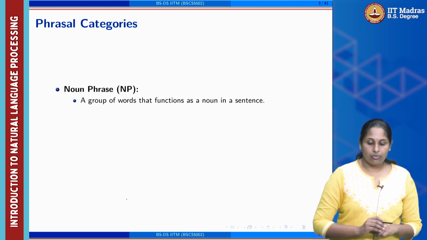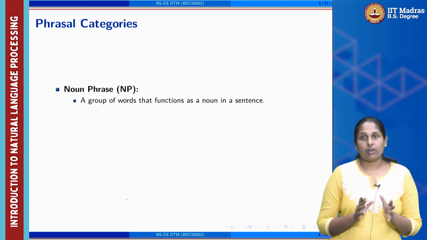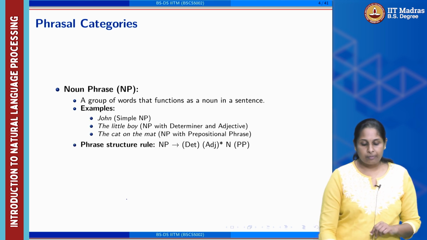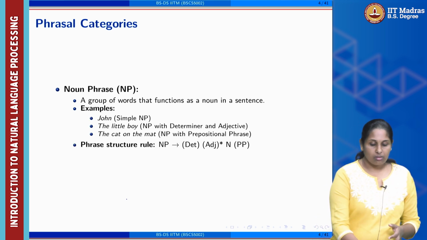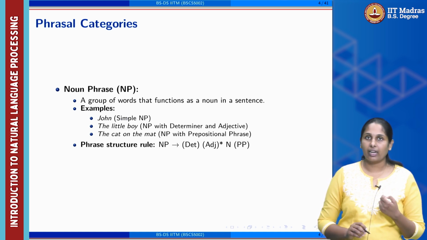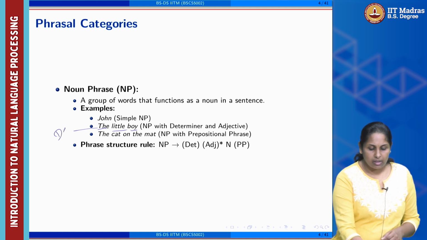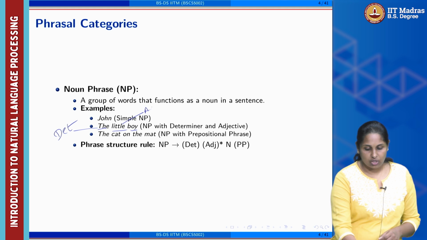One is noun phrase. This noun phrase is nothing but a group of words that function as a noun in a sentence. For example, John, it's a very simple NP. That means NP is a noun phrase, right? It can have only N, or the little boy, where the is a determiner and little is an adjective and boy is a noun, right?